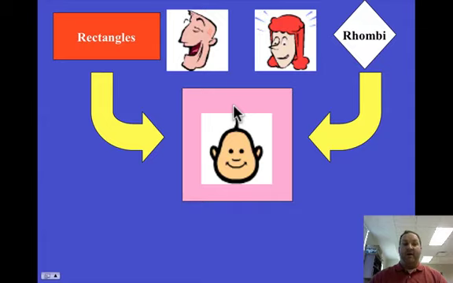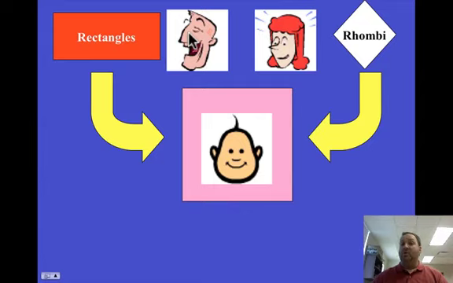But a square is a rectangle, and a square is also a rhombus. Remember, what makes a rectangle is that it has right angles. A square has right angles. What makes a rhombus is that all the sides are congruent. We all know that all the sides of a square are congruent. So we have a little baby square here at the bottom. Remember that squares are rectangles and rhombi, and all squares are parallelograms, and all squares are quadrilaterals.